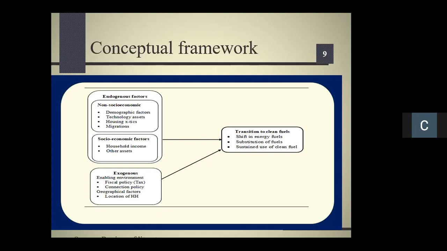Technology itself is power. And then migrations. So many things here. You can pick one element and study it deeply rather than combining things together. Anybody who combines things together, it means that you have not yet read. You have not even yet decided what exactly you want to look at to influence energy transition.